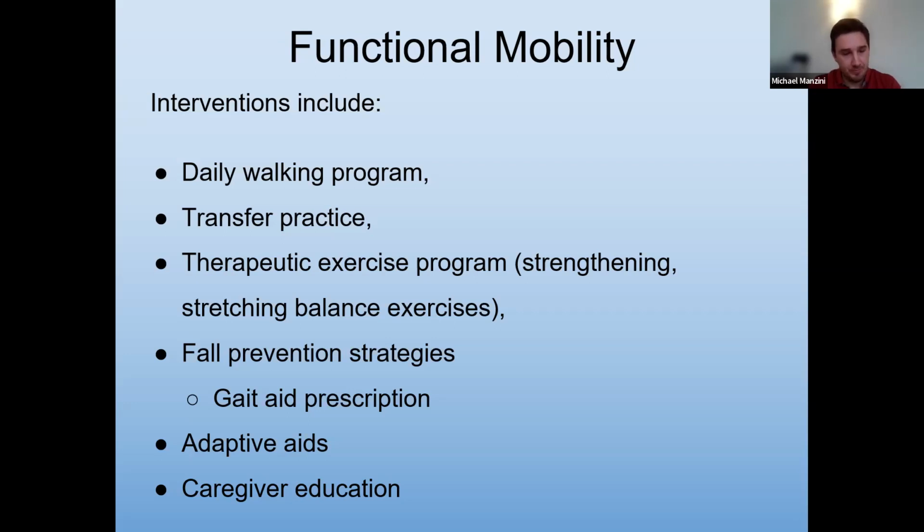And then caregiver education, that is especially around transfers so that they are able to safely mobilize or assist the client while reducing their own personal risk and the risks to the client as well. Next slide.